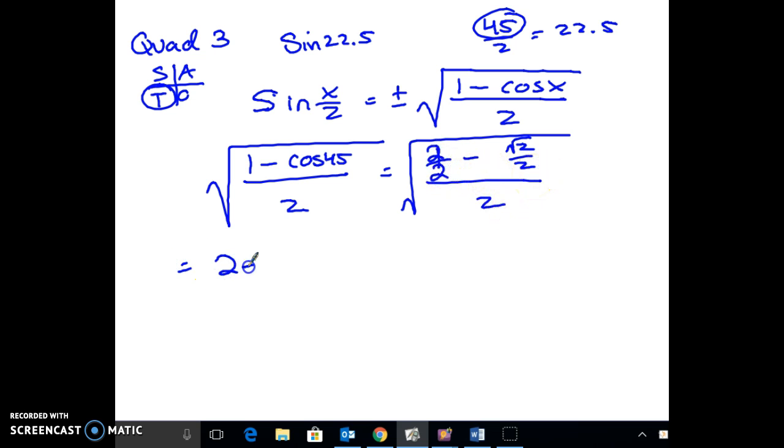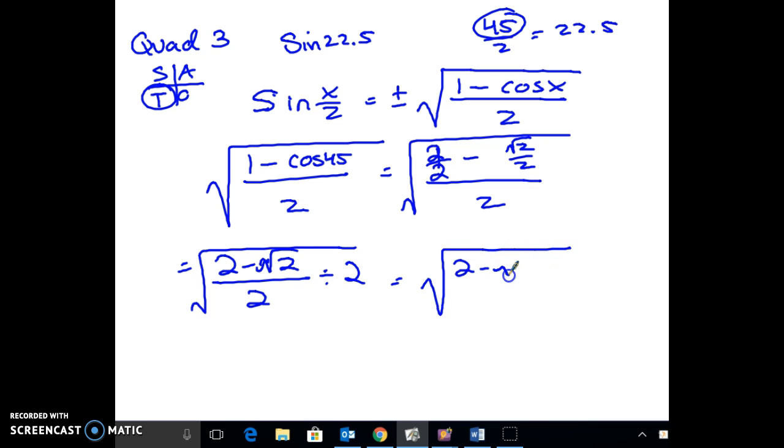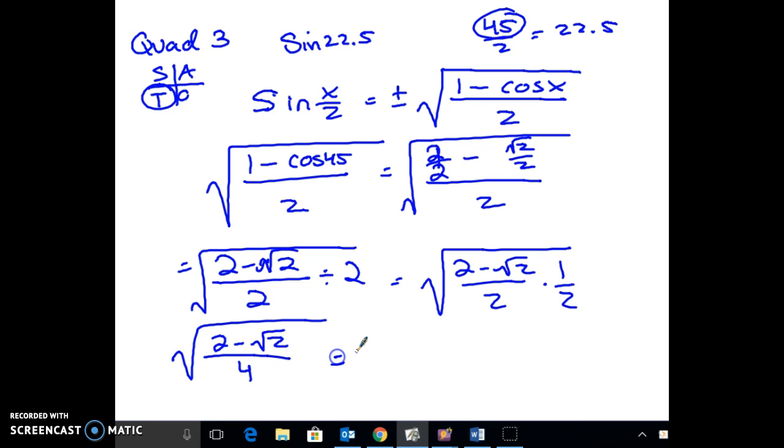I'm going to combine that to 2 minus radical 2 over 2 divided by 2, which is the same as multiplying by a 1/2. And so I get 2 minus radical 2 all over 4. You can leave your answer like that.